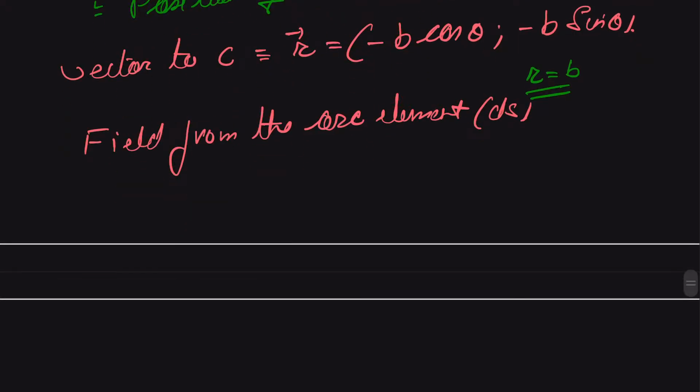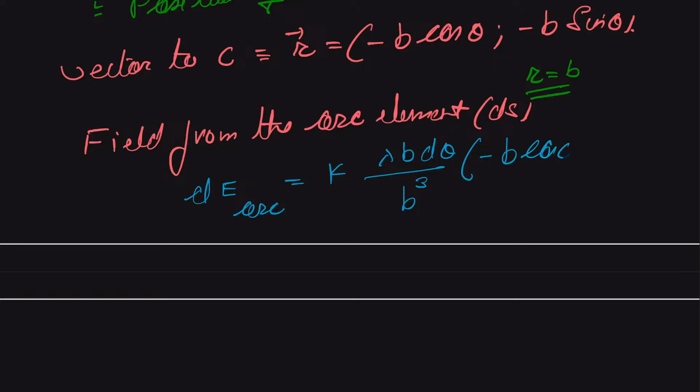So let us call this our dE arc, and this dE arc will be equal to k, and total charge is our dq, which we already know is our lambda b d theta, and this comes as our b cube, and b cos of theta and minus b sin of theta. Okay.